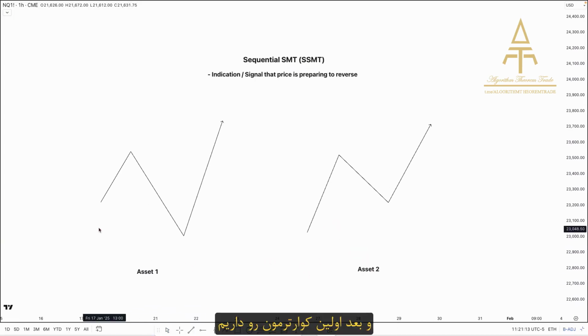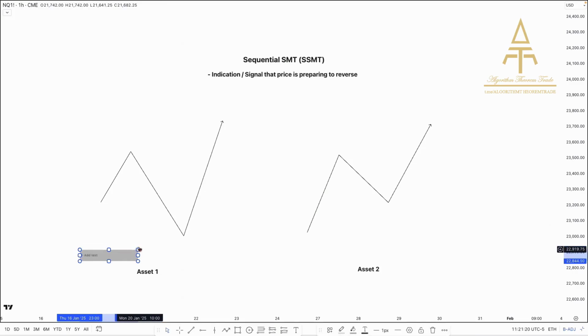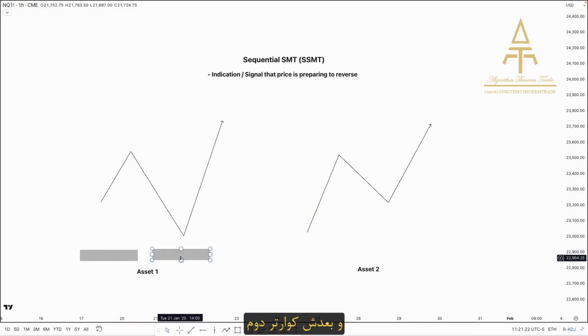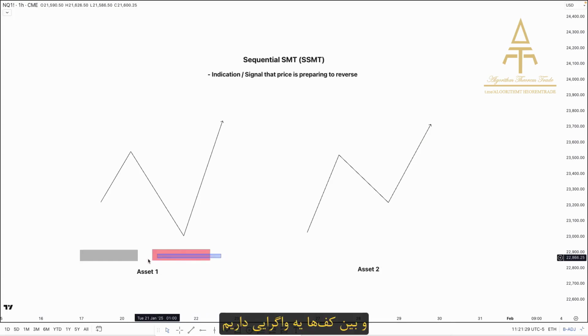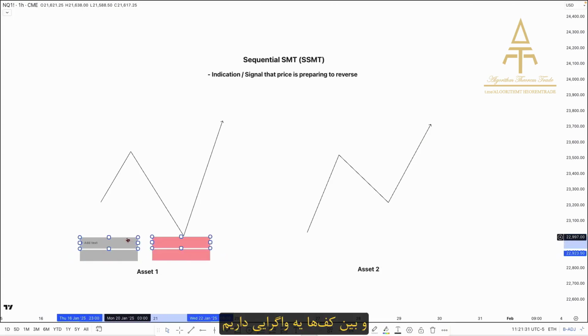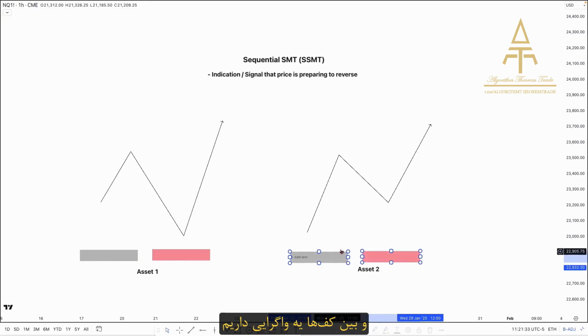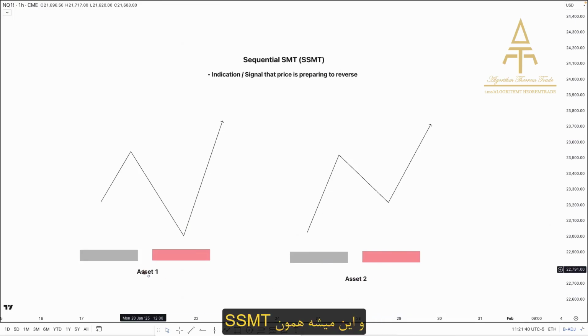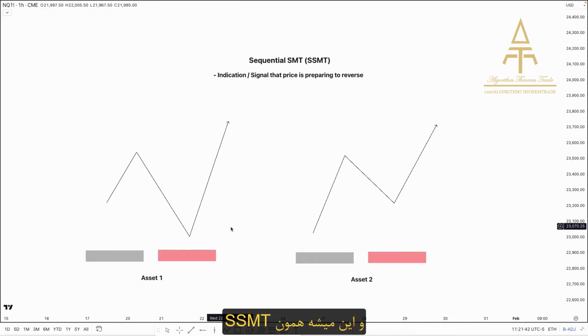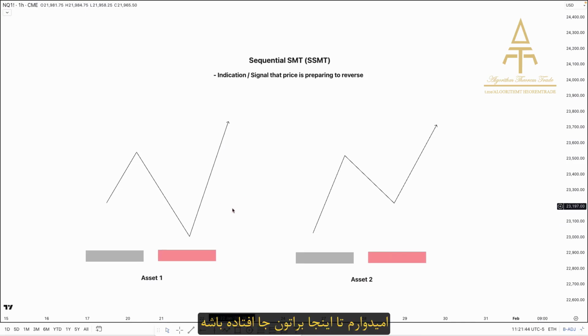And we will have our first quarter, and then we have our second quarter. And we have a divergence between the lows, the lows of the quarters. And this is sequential SMT. Hopefully this does make sense for you.